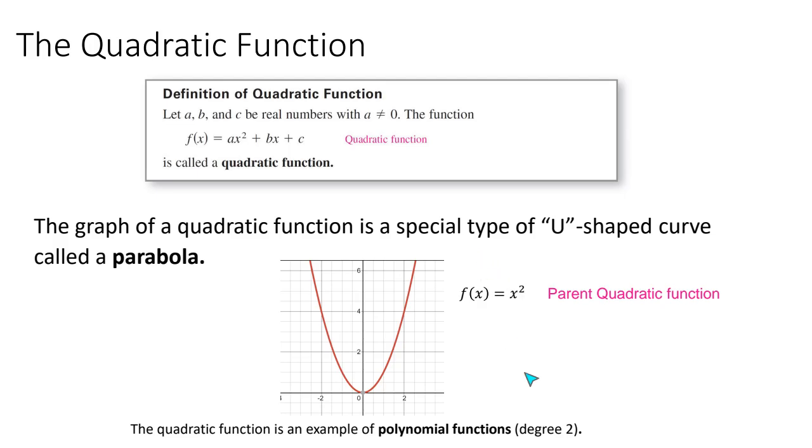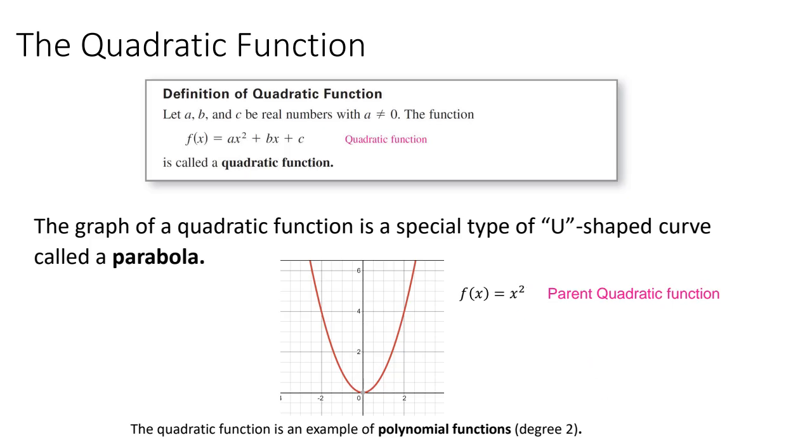But for now, we'll look at the quadratic function. A quadratic function has this form: f of x is equal to ax squared plus bx plus c. We also saw in chapter 1 that the graph of the quadratic function is a parabola, a U-shape, and that the parent function is x squared.